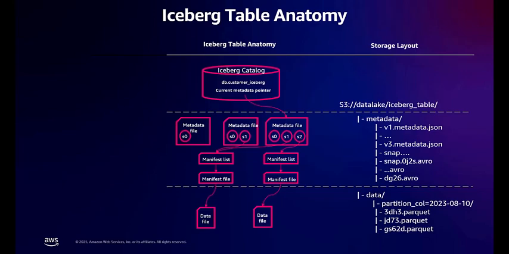So the next layer is the metadata pointer, the metadata file pointer. So it's a file path, right? It basically points to a file path. It says like S3, my bucket, warehouse, DB, table, metadata.json, something like that, right? It's a file path that tells Iceberg where to find the current metadata. So again, it's not showing the data at this moment.